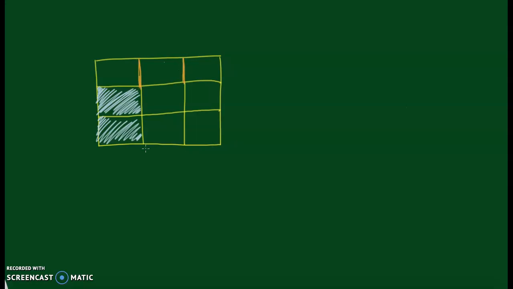And then I'm going to continue with my thinking, but I'm going to do some extra shading here. So if I shaded in now this whole portion here, that would represent 1/3.